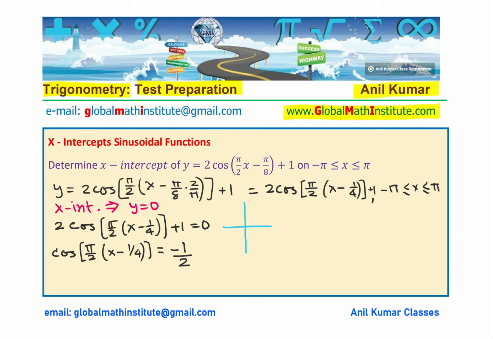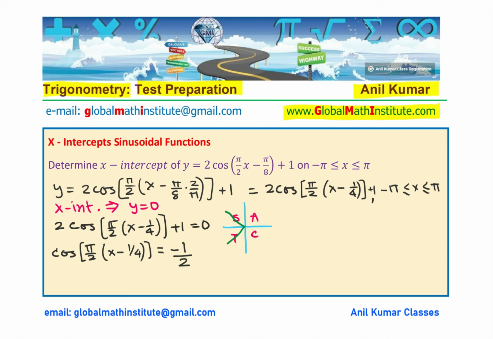Use the CAST rule at this stage. Cos being negative is in quadrants 2 and 3. So generally we'll get these two answers in one cycle, right? Now since the period is different, we are still to work out the period for this particular wave. But anyway, we have an idea.